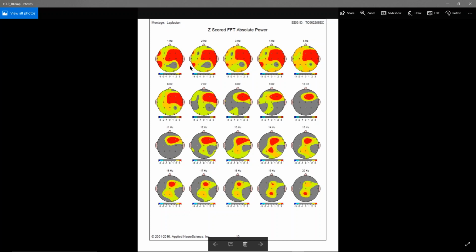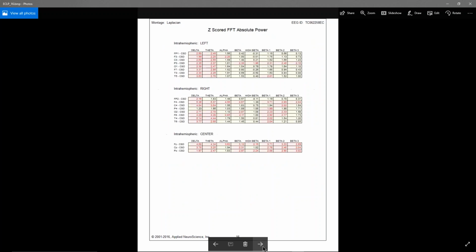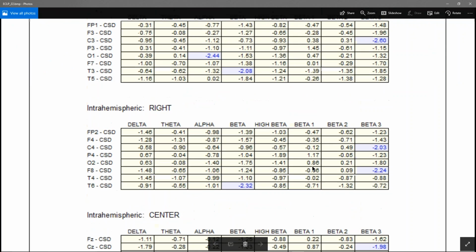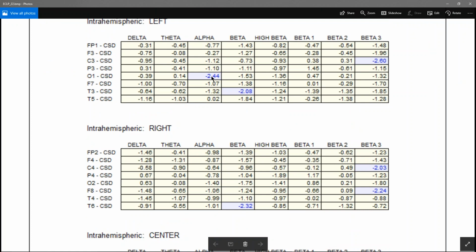Now, by self-report, she has difficulty with cognition. She has fuzzy thinking. She has persistent migraine headache. She has constant vertigo, and so has a lot of findings that correspond with this activity that we're seeing here. As we go through this, we see very much the same findings. Curious to see if the peak frequency values are a little bit more accurate. So here we have at O1 -2 standard deviations in terms of the peak alpha frequency.